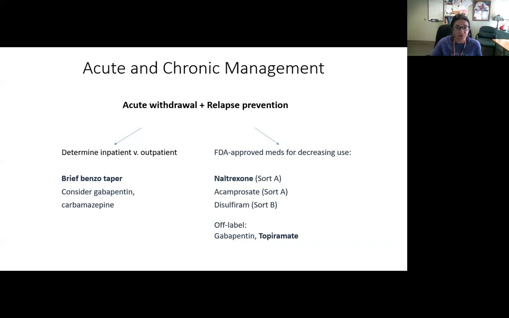So in this first branch here, we're really assessing someone presenting either to primary care or the ER, whichever setting, if they're in acute withdrawal. At that point, we'll just talk briefly about that. So we first need to determine if they're appropriate for outpatient versus inpatient management.